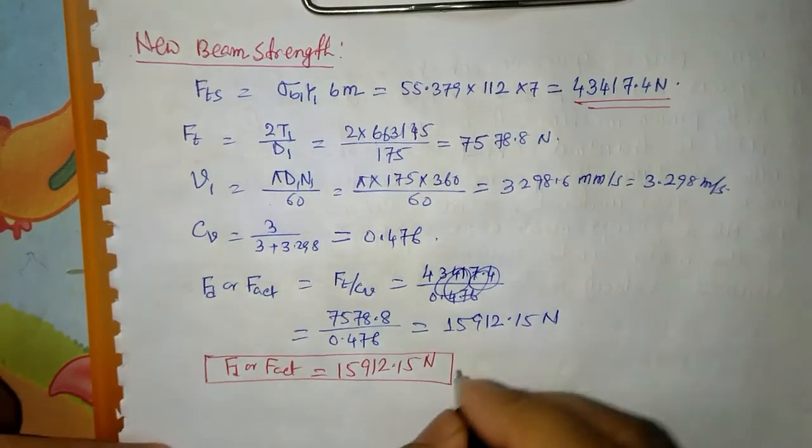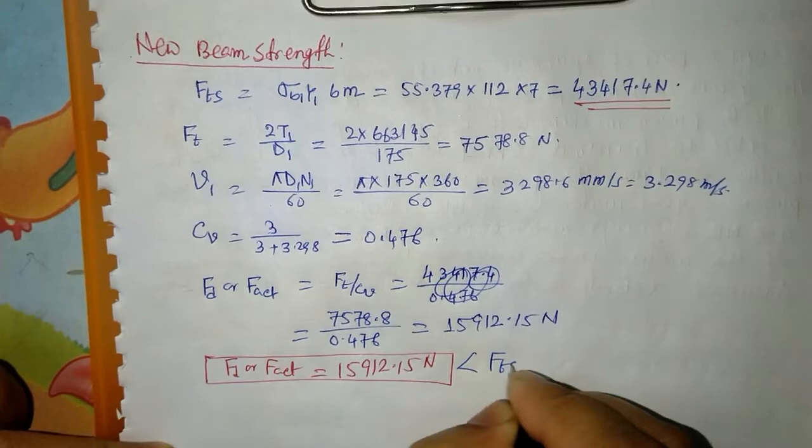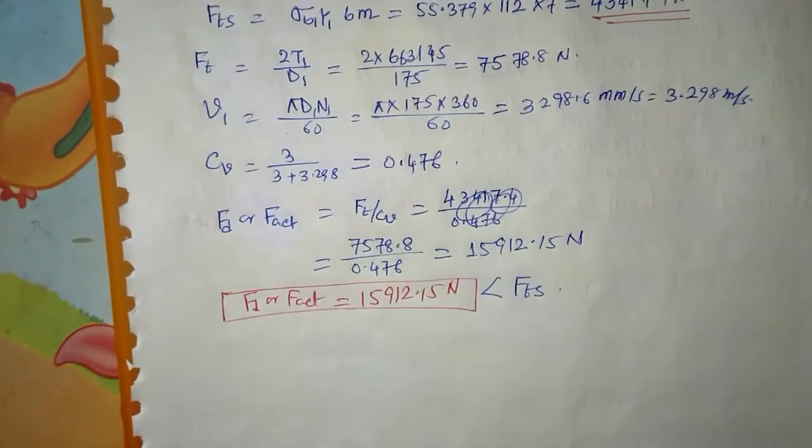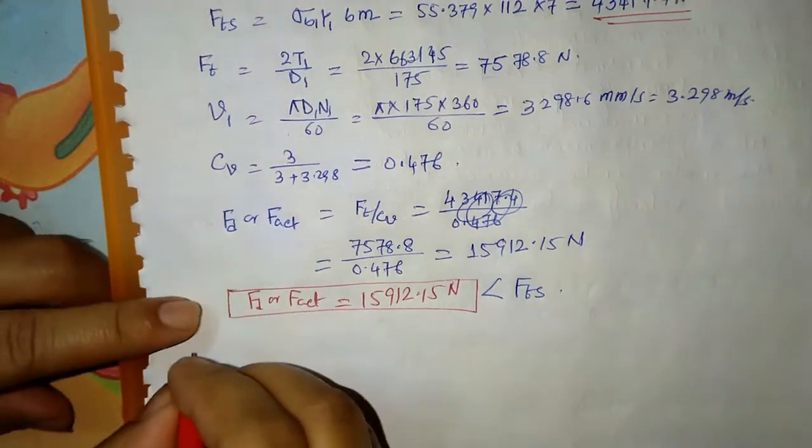So now see, this FD is less than F of TS, so we can say that this is a safe design.